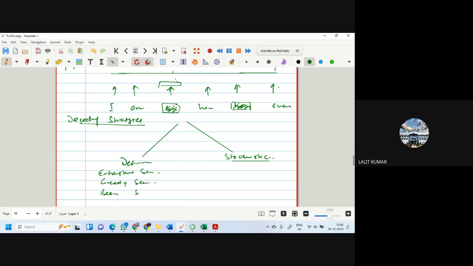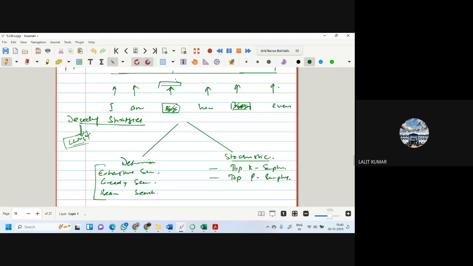Any question on these, on all three? Stochastic is top K sampling, and the second is top P sampling. If any question is there, I will explain this. And this is for all the LLMs. It is not particular only to GPT.